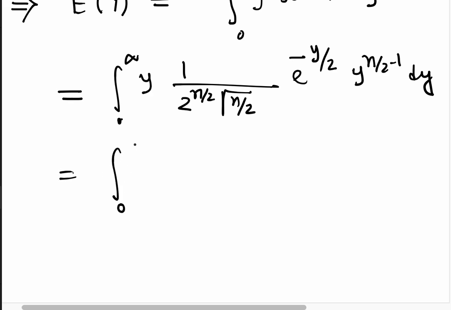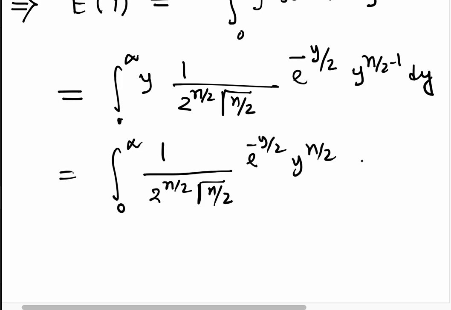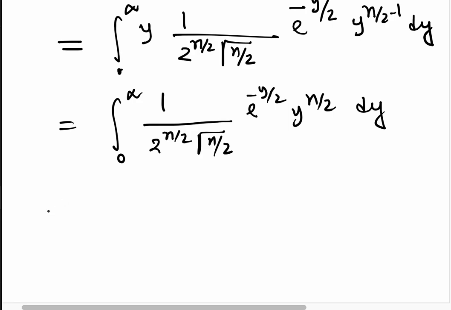So this is 0 to infinity 1 by 2 to the power n by 2 gamma n by 2, e to the power minus y by 2, y to the power n by 2 dy. Now we have to make it another gamma variable.